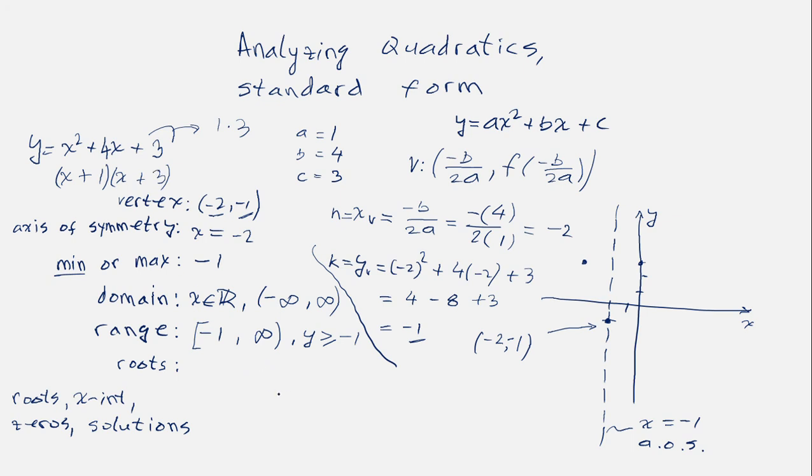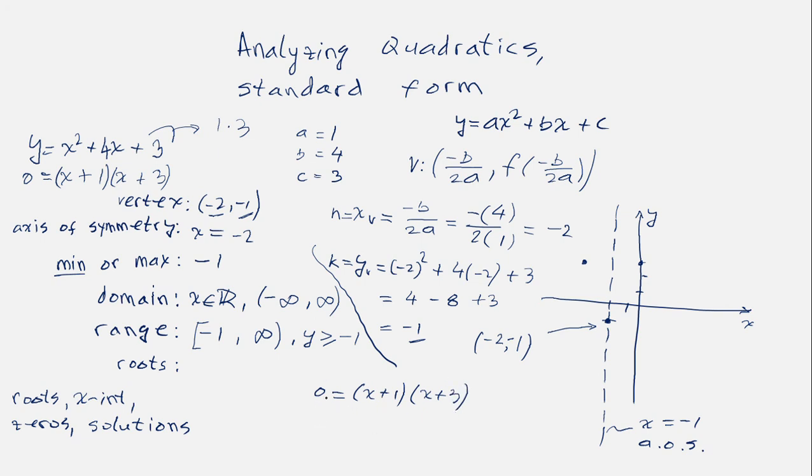Now, if we want to find the x-intercept, that means we need to be on the x-axis. If we are on the x-axis, then y is equal to 0. So we simply just need to set this equal to 0. If we set it equal to 0, then x plus 1 and x plus 3, the right-hand side will have to be equal to 0.